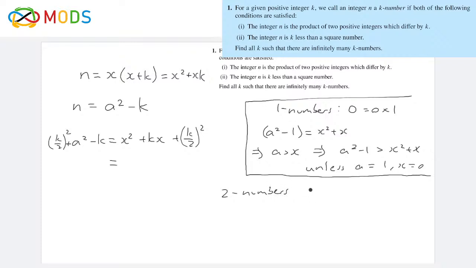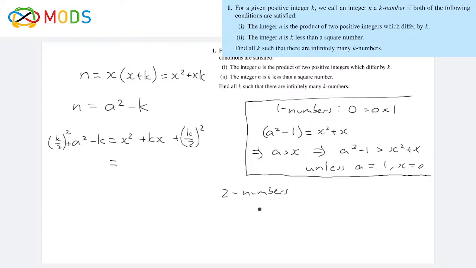Are there any two numbers? But there can't be any two numbers. Why not? You get a squared minus 1 equals a plus 1 squared. Isn't it a squared minus 1 equals x plus 1 squared? Yeah, you just add 1. You get a squared minus 1 is x plus 1 squared. Wait, what? Say that again?